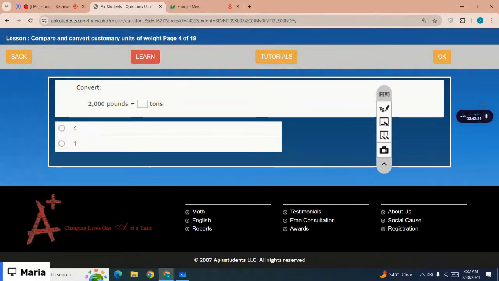Yes, 2,000 pounds equals 1 ton. The correct option is option number 2.